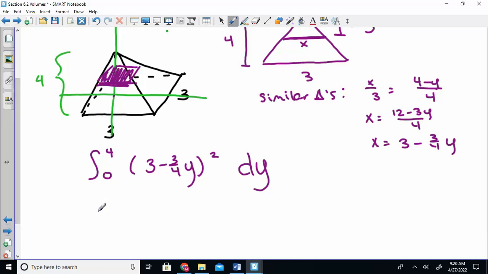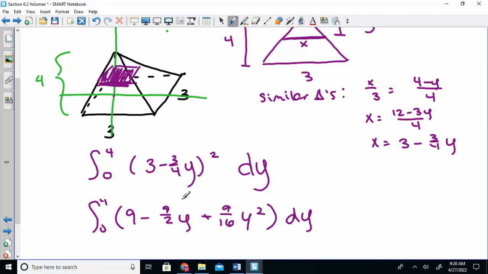So then, if I want to integrate this, it'd probably be easiest just to go ahead and FOIL that out first. So that could give me a 9 minus, it'd be 9/4 times 2, so 9/2 y plus 9 over 16 y squared.